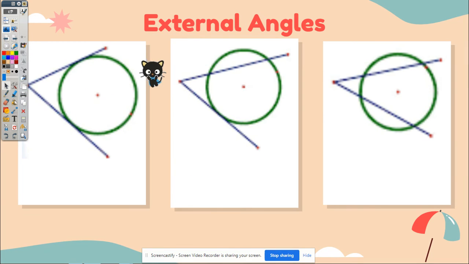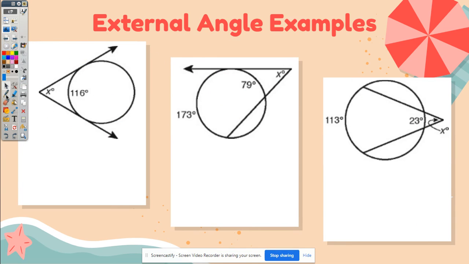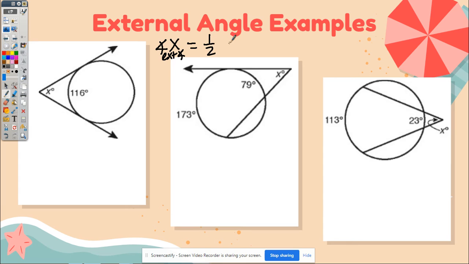We have some examples. All right, so first I'm going to write down the formula for you guys again. So here's the formula. Angle X, as long as it's an external angle, is equal to 1/2 the bigger arc minus the smaller arc.